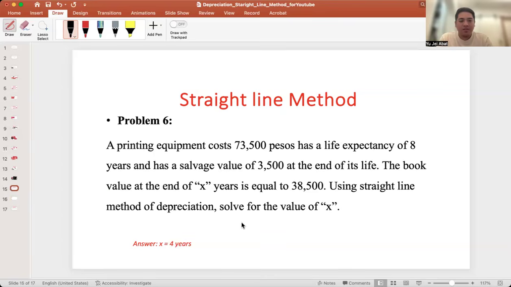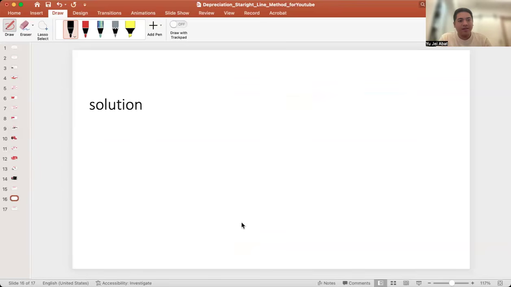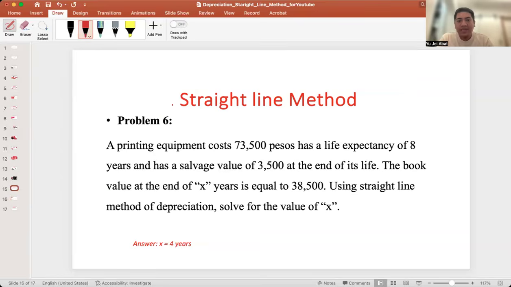Okay, so let's just analyze this. The book value at the end of X years. So we are asked to find the X years, or that is the N, in the book value.